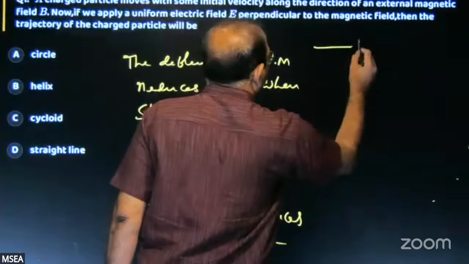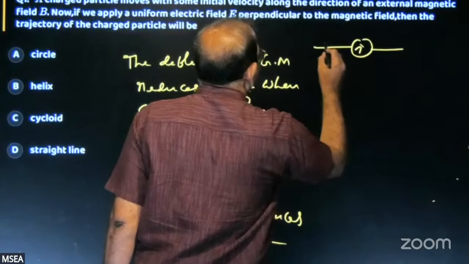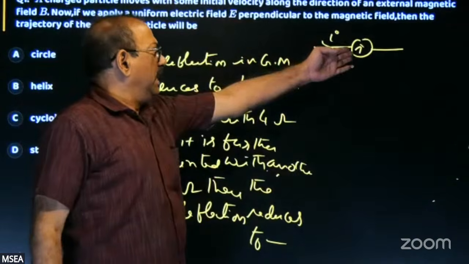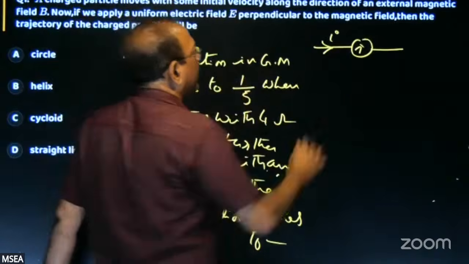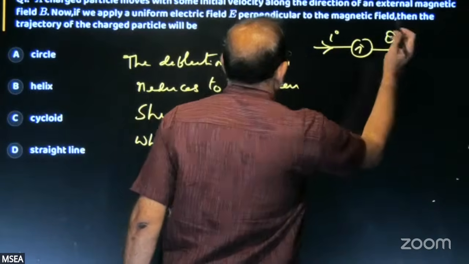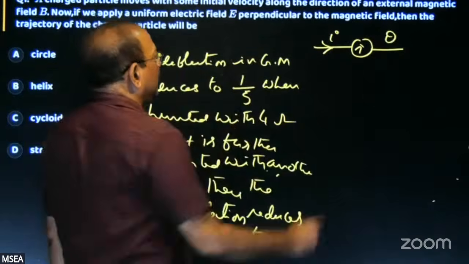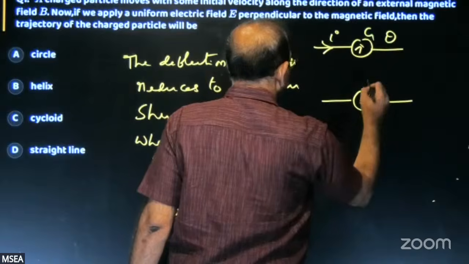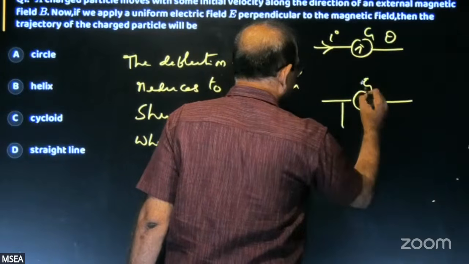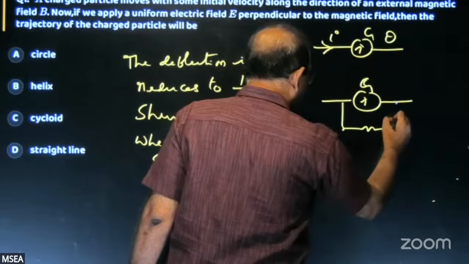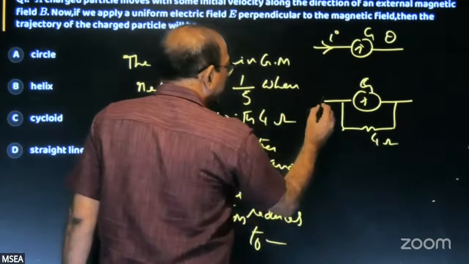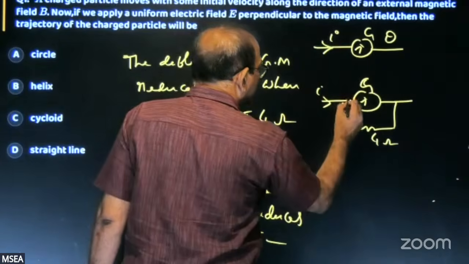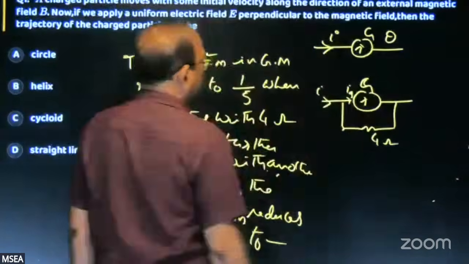First, you have only the galvanometer and you are sending some current I. This total I flows through the galvanometer coil only, and due to that current it shows a deflection theta. Now you connect a 4 ohm shunt to this galvanometer of resistance G and send the same current I again. Then the total I will not flow through the galvanometer; only a part of it, Ig, flows.